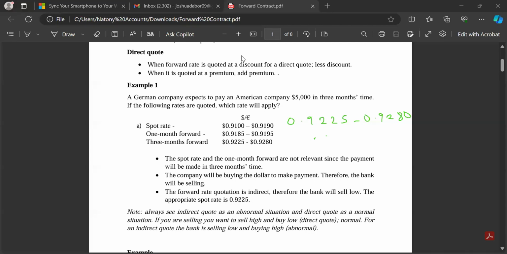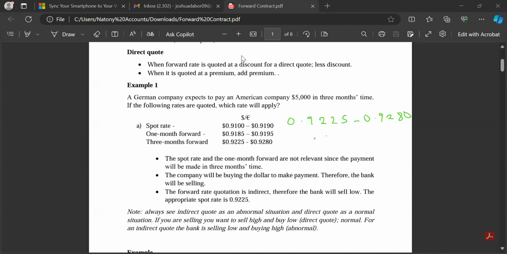So there are two rates here. We've been able to eliminate the spot rate and the 1 month forward, since the transaction will take place in 3 months' time. So the 3 months forward will apply. But now, which of these two rates will apply? Is it 0.9225 or 0.9280?